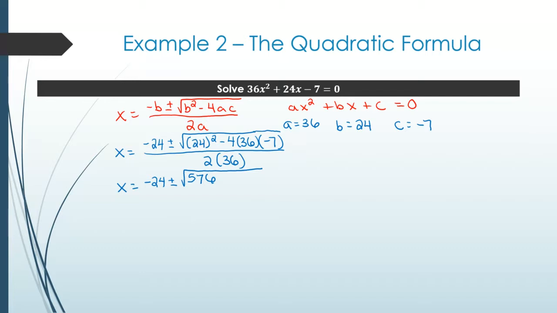So I have a negative 4 and a negative 7. We're going to get a positive answer because two negatives cancel to make a positive. And then on my calculator, 4 times 36 times 7 is going to come out to a positive 1008. And now in the denominator, I have 2 times 36, which gives us 72.